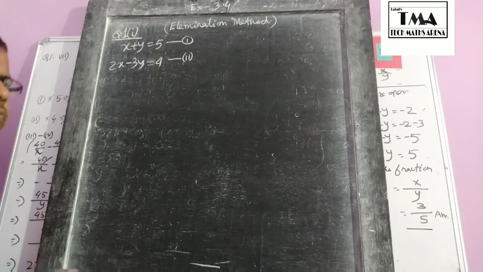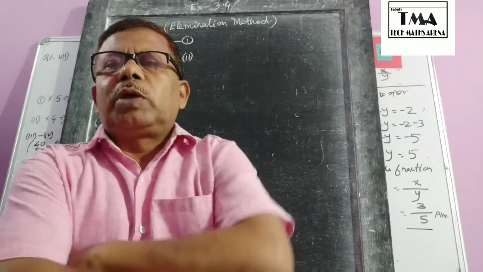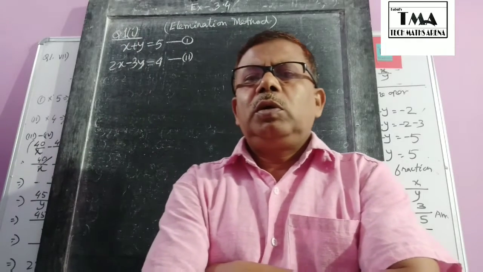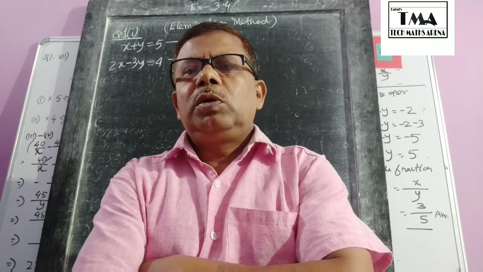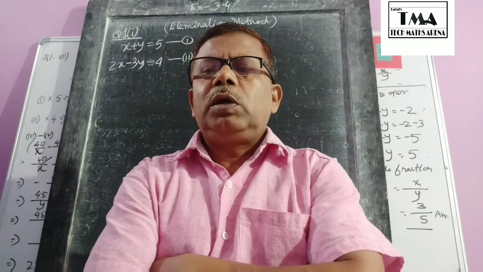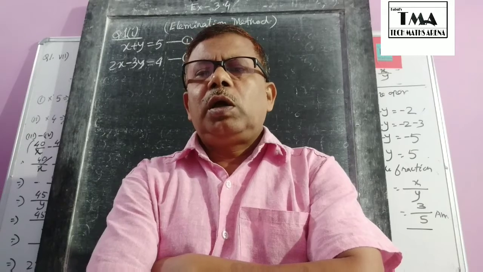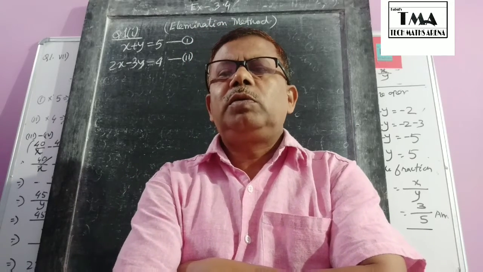And to do the elimination method, we have to eliminate any one of the two variables. Then we will get a linear equation of one variable. And from that equation, we will find the value of the variable.